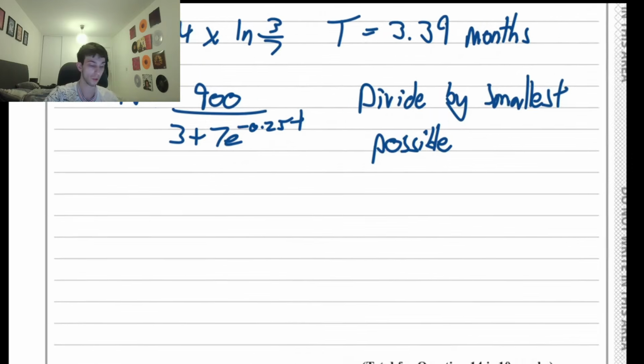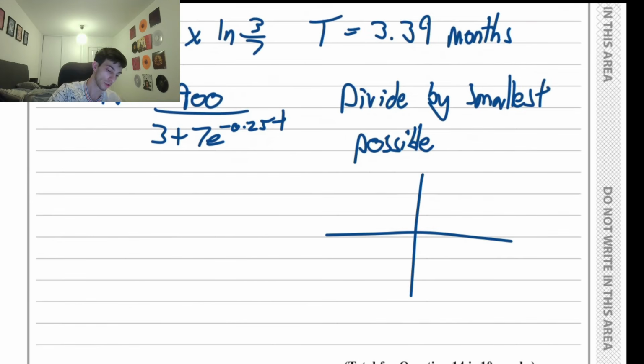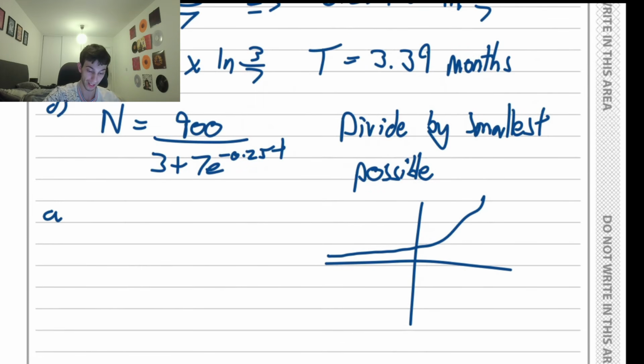We can actually know this if we quickly draw out our e to the x graph, just to make this really clear. If we have e to the power of a very, very negative number, it will tend towards 0. So we can say as t tends towards infinity, e to the minus 0.25t, because think about it, we're going to have minus 0.25 times a really positive number. That means we're going to get a really, really negative number.